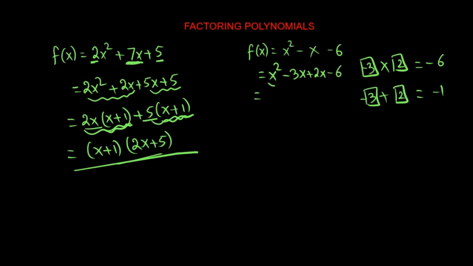And I will group the first two terms and the last two terms. The common factor is x, so x minus 3 in the bracket, plus the common factor here is 2, x minus 3. Now x minus 3 is another common factor, times x plus 2. This is the factored form.